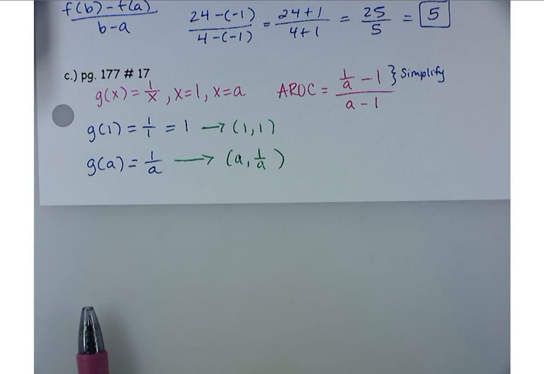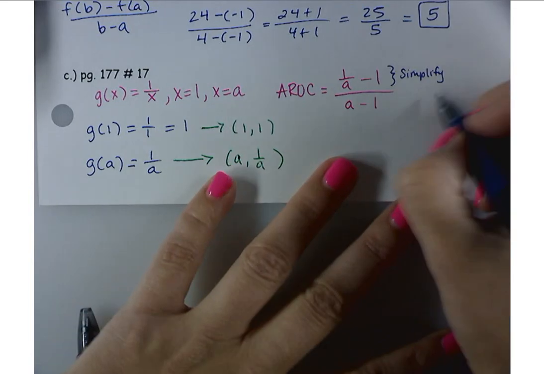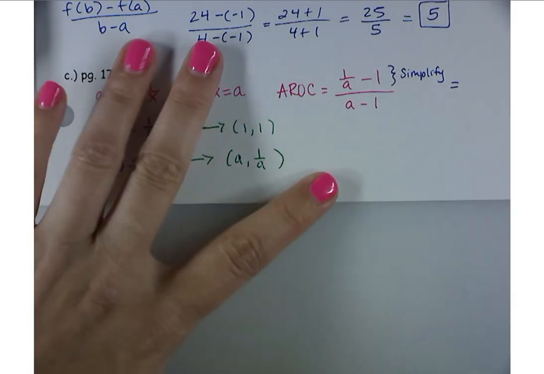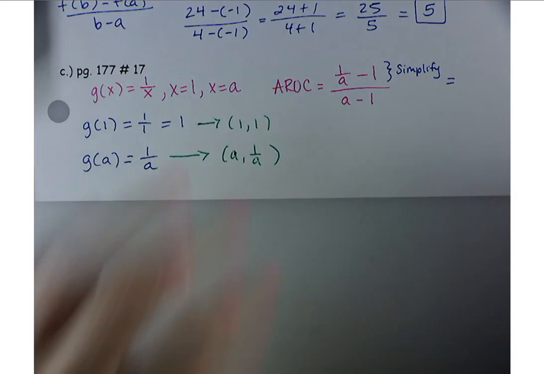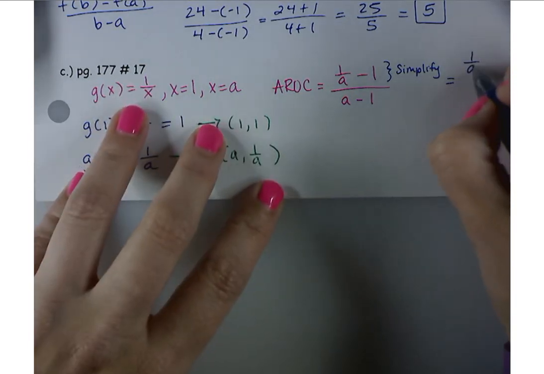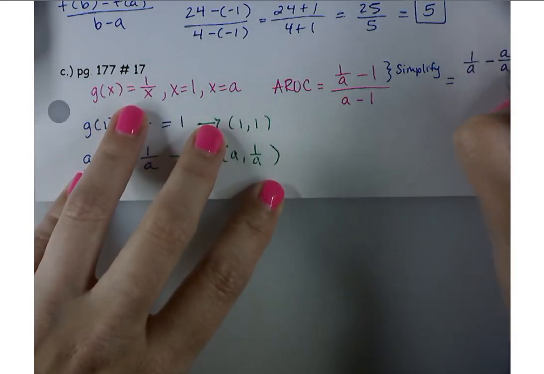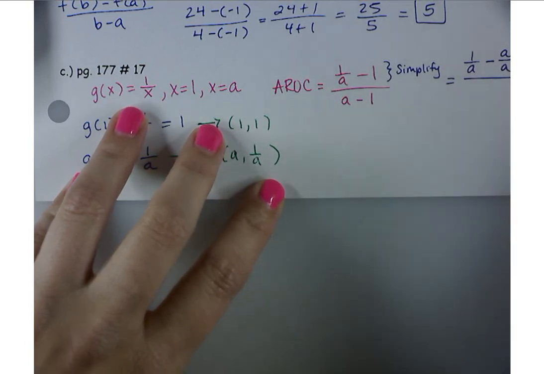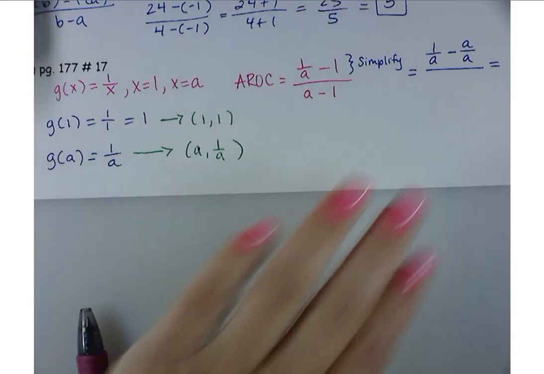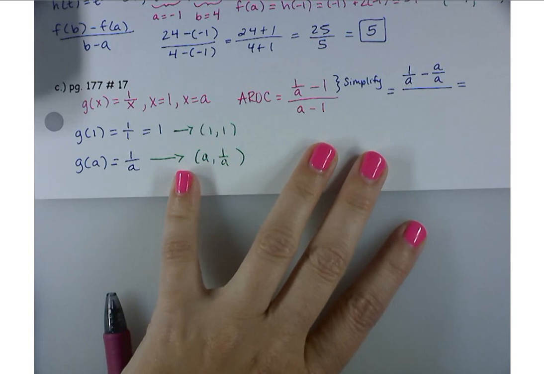Okay, so Kenny, what's your LCD going to be for the top? It's going to be A. Yep, okay, so you have 1 over A, and then this would be minus A over A, right? Tell me what the next step would be.